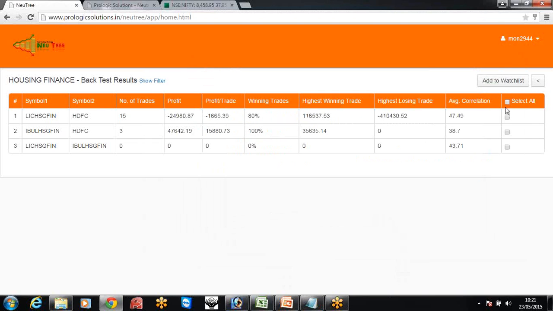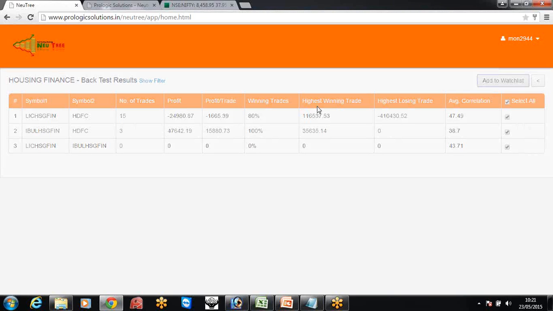So this is how you do the backtesting. Click and then select all and then add it to your watch list. So that will take time.